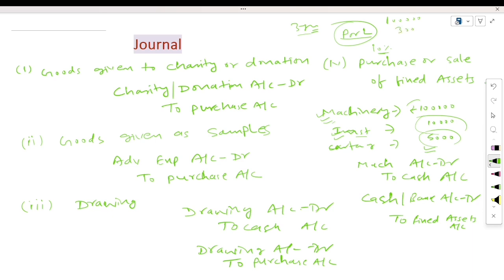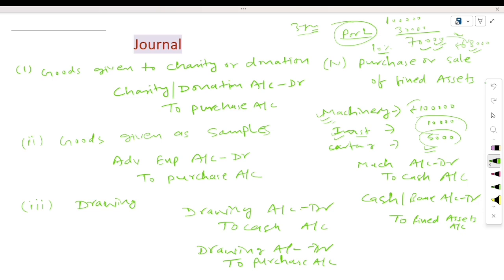This will be your depreciation amount. It means now the book value of the asset will be 70,000. And you are selling this asset for 68,000. This is your sales price. So here your book value is 70,000 and you are selling this asset for 68,000. It means you are getting a loss of 2,000.